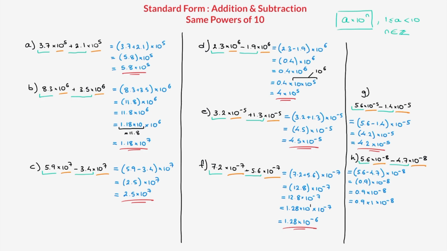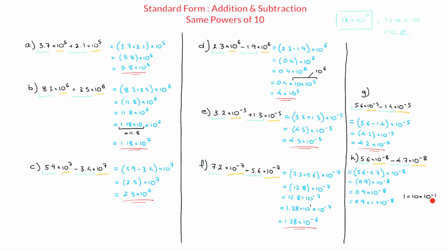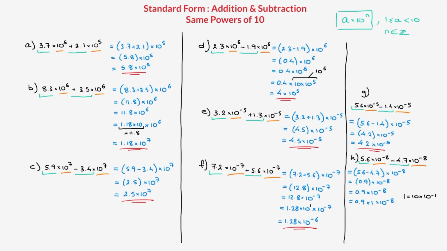So far, so good. But 1 is equal to 10 times 10 raised to the power of negative 1. Indeed, 10 times 10 to the power of negative 1 will equal 10 to the power of 0, which is just equal to 1. And so, using this result, we can go ahead and state that this equals 0.9 times 10 times 10 to the power of negative 1 times 10 to the power of negative 8.